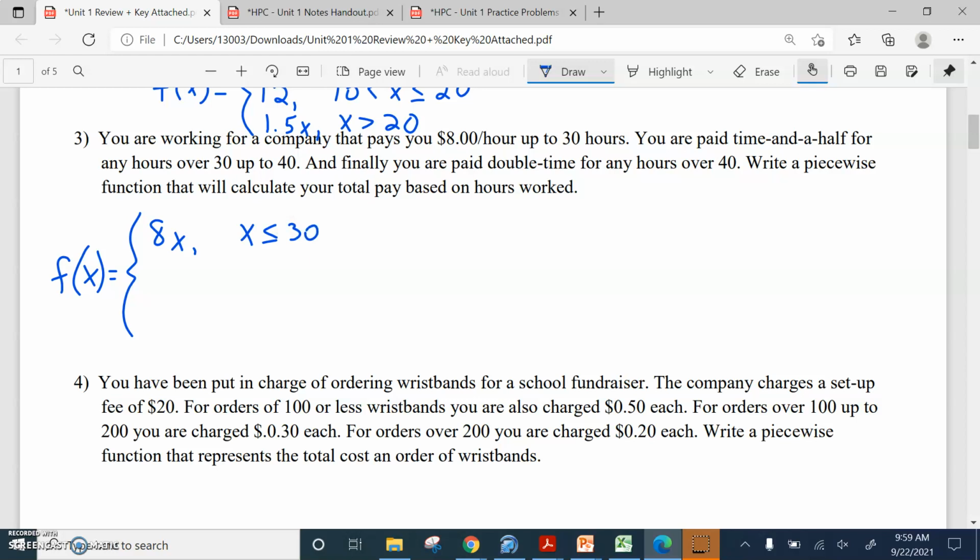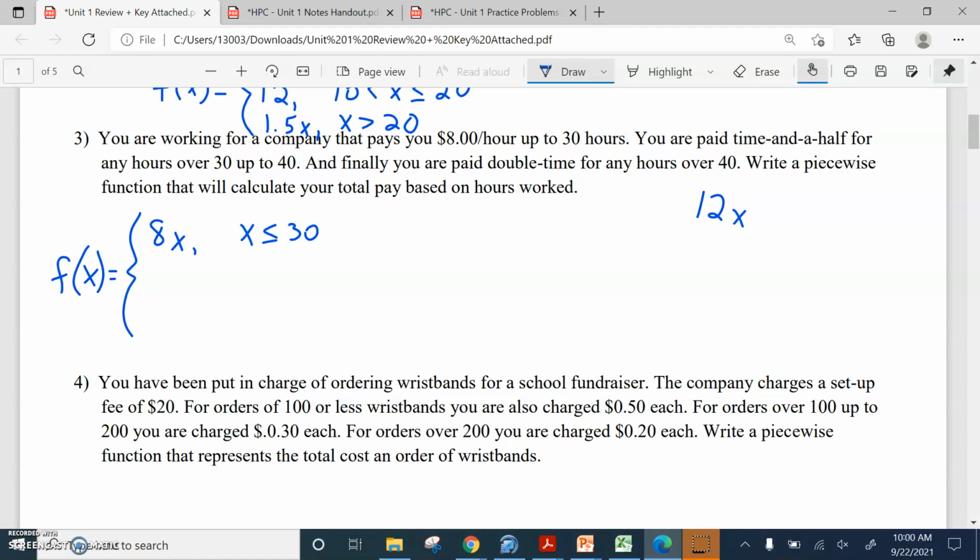It's the next one that gets a little bit tricky because we have to keep in mind, you're getting paid time and a half for the next 10 hours. So time and a half would be $12. But we can't just say 12x, because if we just left it as 12x in this next line, what that means is you get paid $12 an hour for every hour.